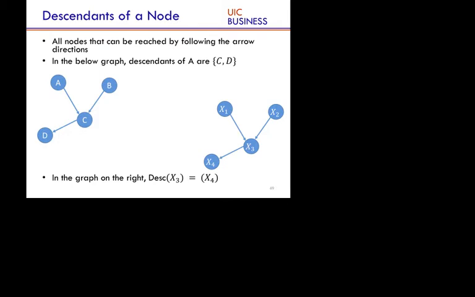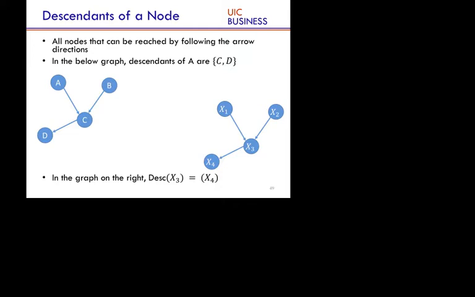Then similar to parents, there is this analogous notion of descendants. So who are descendants of a node? All nodes that can be reached by following the arrow directions. So all nodes that can be reached from that node by following the arrow directions are descendants. So in the below graph, for example, descendants of A are C and D. Okay.